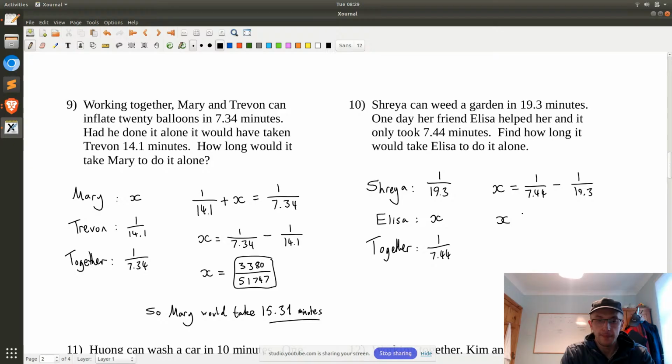And we get this massive fraction. But you know what? Recently, I have very much warmed to rational numbers. One integer divided by another non-zero integer like this, even if they're huge. I think they're very cool. So that's Elisa's speed.